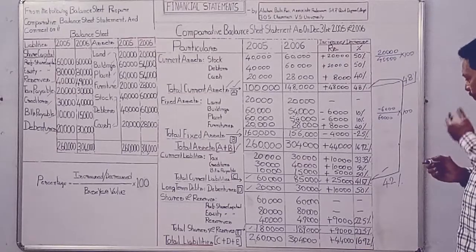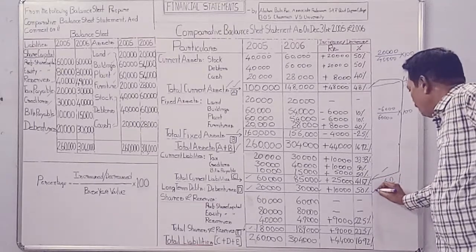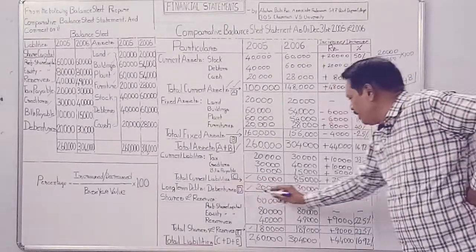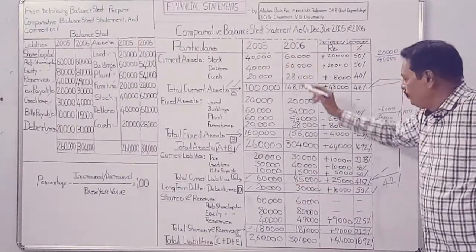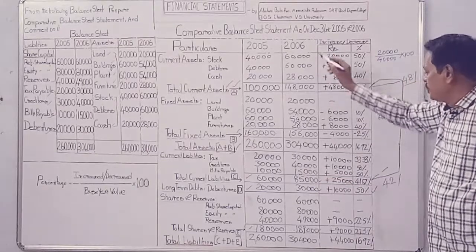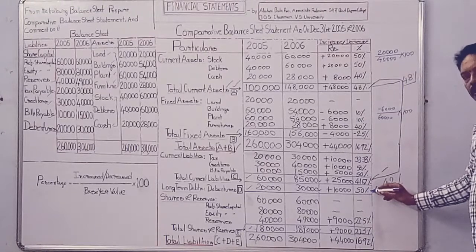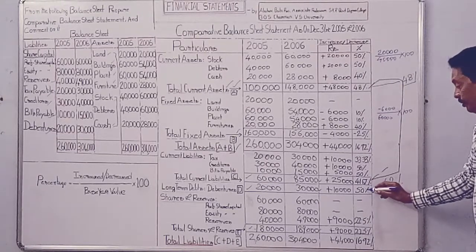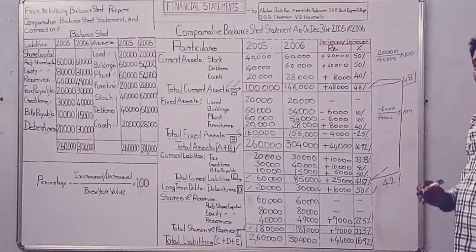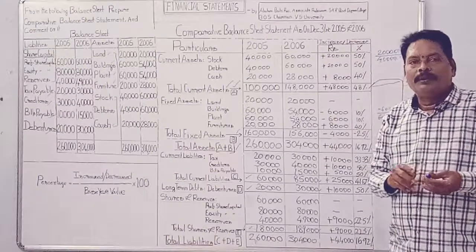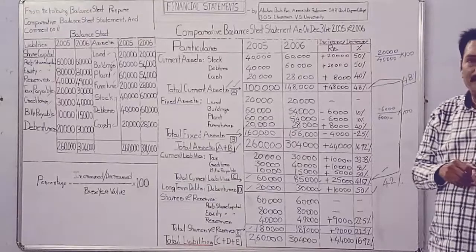Here also, when you observe the long-term debts, 20,000 in 2005, 30,000 in 2006. That means long-term debts, from debenture holders outside, we got 50% funds from outside by debenture holders.